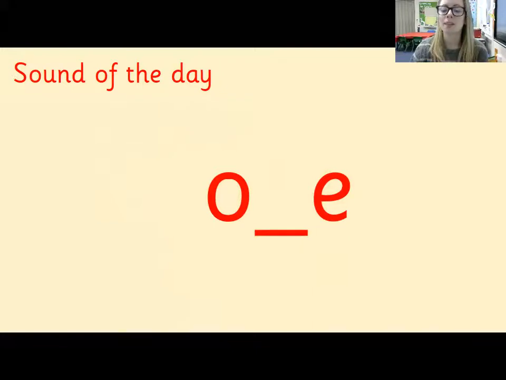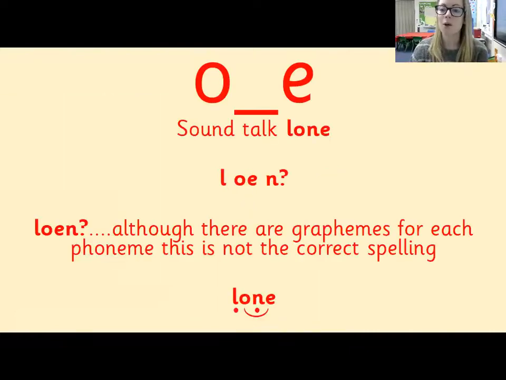So we're going to think about some different words that have got this split digraph in them. You might want to pause the video if you haven't got a pencil and a piece of paper just yet, and that's okay. When we're having a look at this word here, loan, if I write it when I'm listening to the sounds L, O, N, I can see that that doesn't look quite right.